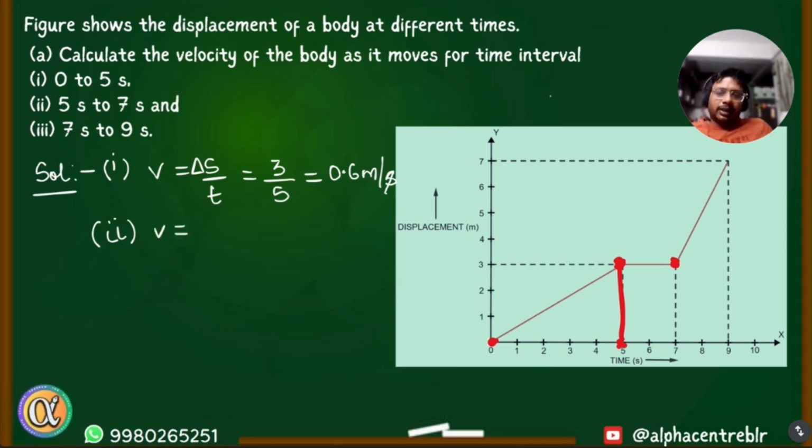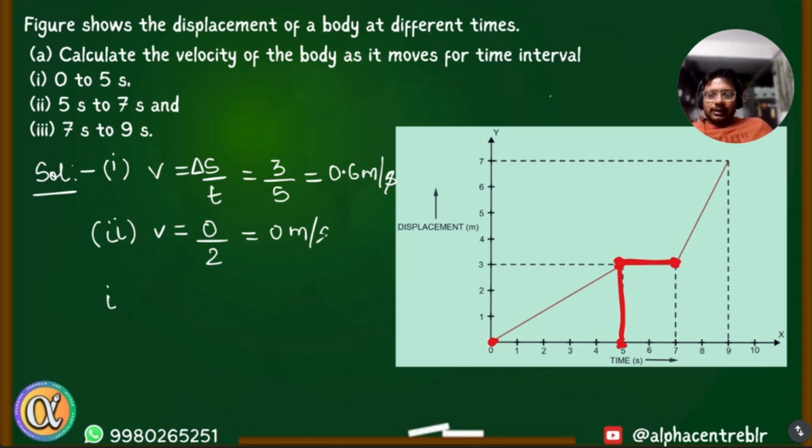So the correct answer here is 0. 0 divided by 2 seconds. 0 divided by anything is 0. So this velocity is 0 meter per second, and that's what we learned. When the line is horizontal, the displacement does not change, means velocity is 0. Clear? It is at rest. Okay, last part. Velocity from 7 to 9 seconds. So 7 to 9, the displacement is how much?